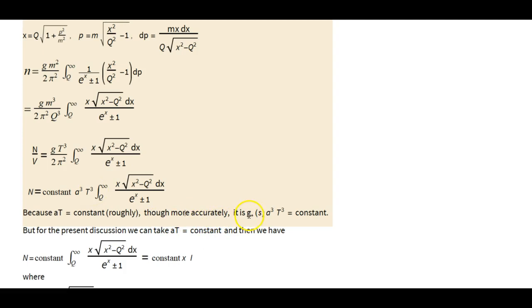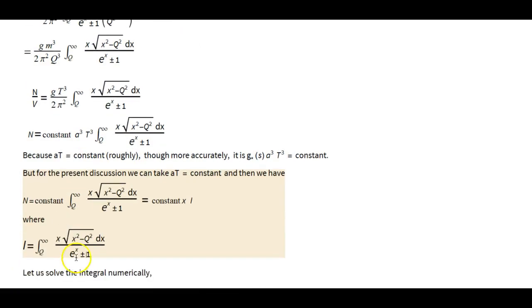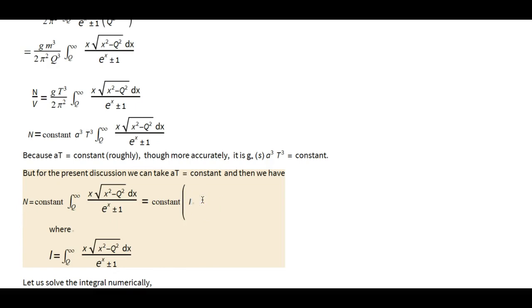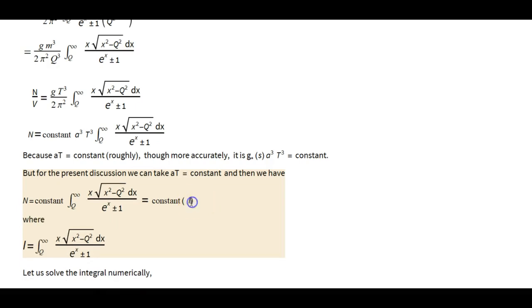More accurately, g star s a cubed T cubed is constant. But for the present discussion, we can take aT as constant, and then the number of particles is given by some constant times this integral, where I is the integral, and the integral is given by this.